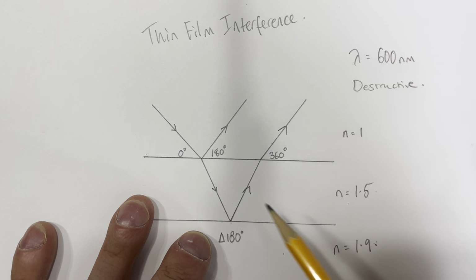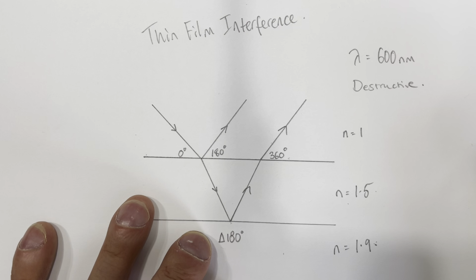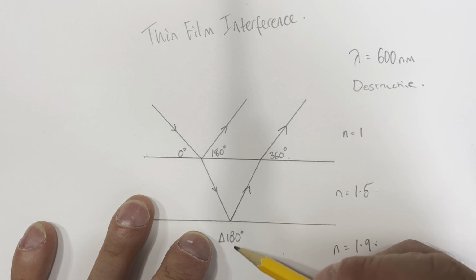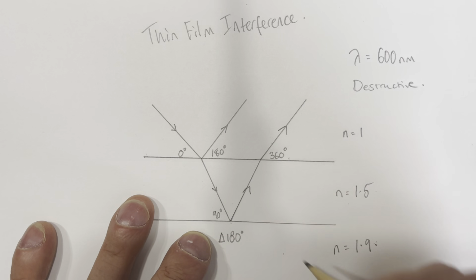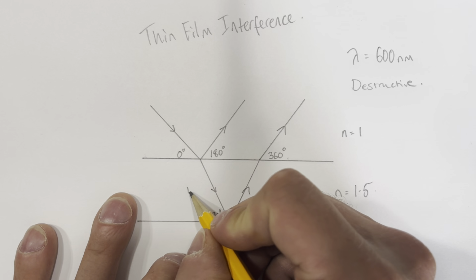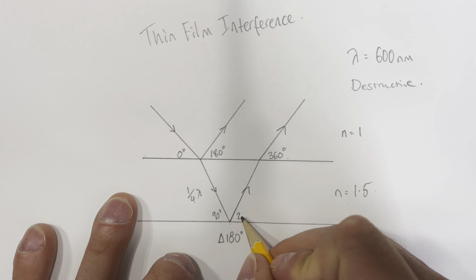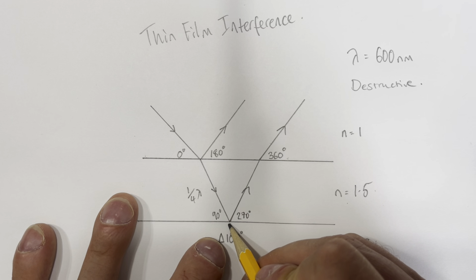So what I need to do is work out what I need to add to this 180 to get to this 360. I've got a ray coming in and a ray coming out, so I need to add 180 degrees. Therefore, I need to have 90 degrees of phase, or 1/4 of a wavelength here, in order to be at 270 degrees through my sine wave when it leaves this boundary.